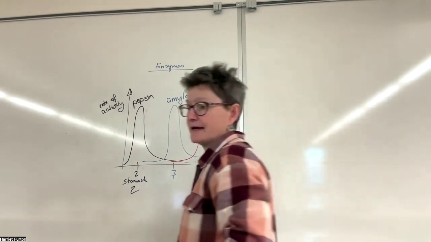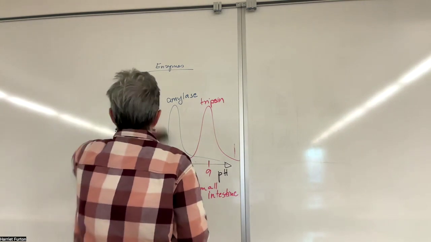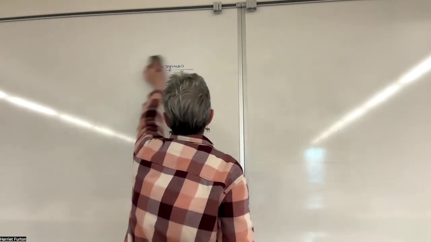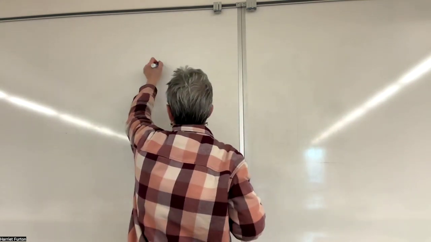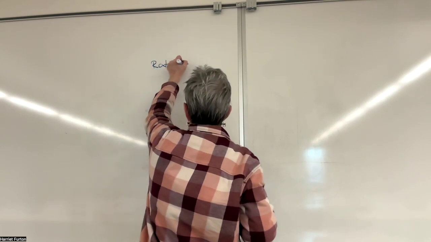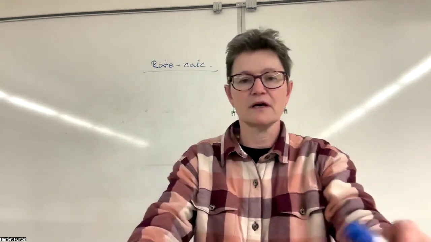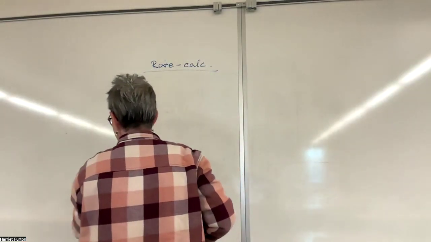Next topic. We talked about the enzyme activities and the rate of activities. How are we going to figure out the rate? So it's rate calculation. It's kind of a skill for students to know on AP Biology. I tried to draw you guys a graph.